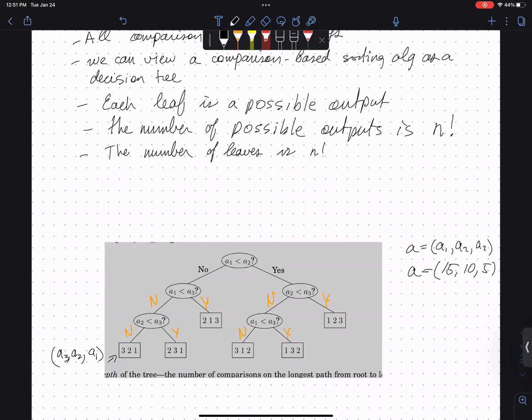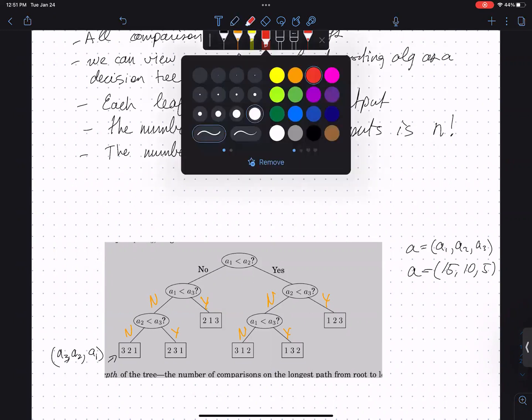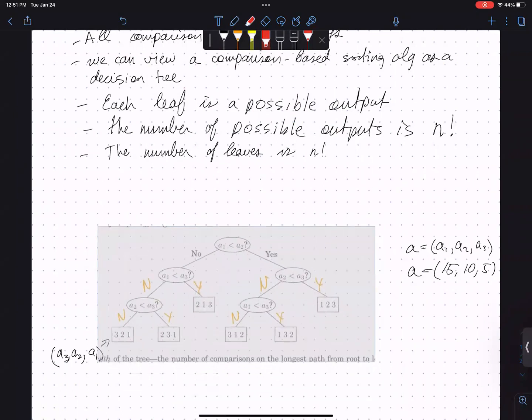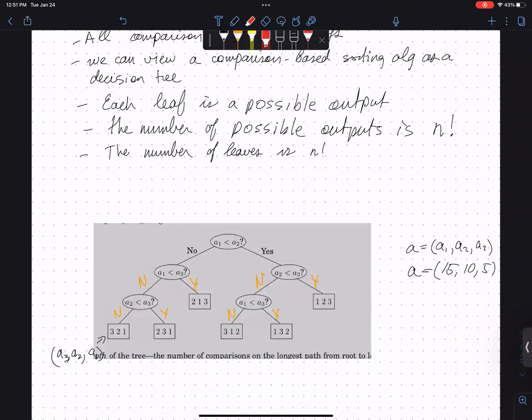For example, let's say this leaf was not there. Then on input that looks like this, the algorithm would not be correct because it needs a 3-2-1 somewhere to be able to properly output this.